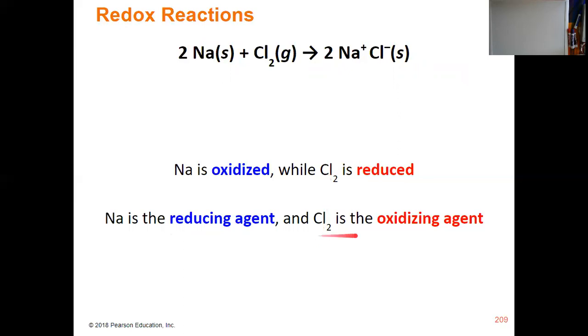Chlorine, on the other hand, is the oxidizing agent because it's causing the oxidation of sodium. Okay, notice that both of your agents are on the reactant side. So sodium is the reducing agent while it's being oxidized. Chlorine is the oxidizing agent while it is being reduced.